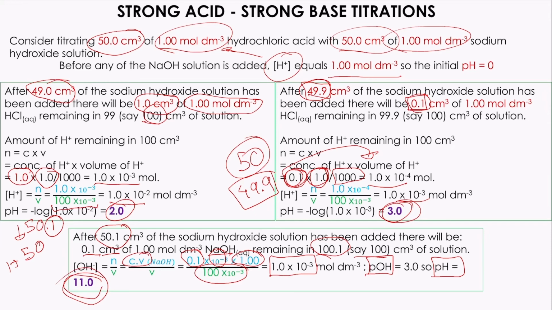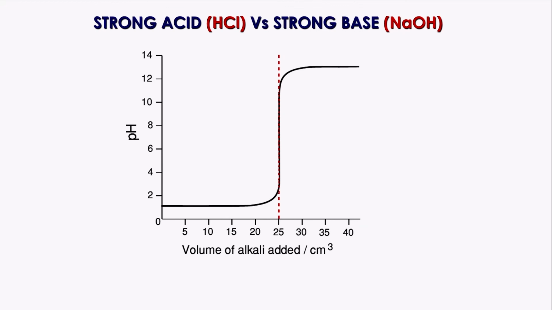Let's check the graph. As you can see here, this is the pH curve for strong acid, strong base titration. It is clear that we are starting our titration from a low pH value, which is representing a strong acid. So pH 1 at the start, because we have 0.1 molar HCl, strong monoprotic acid.